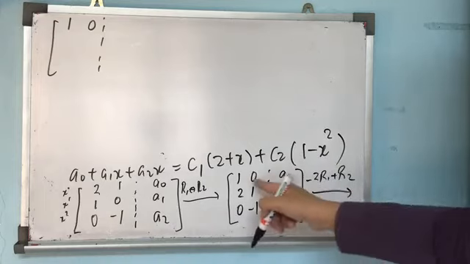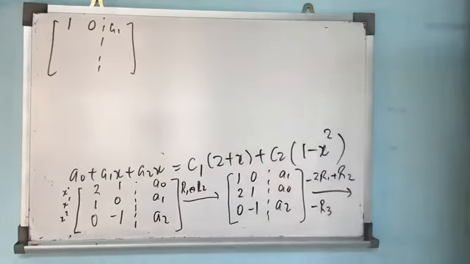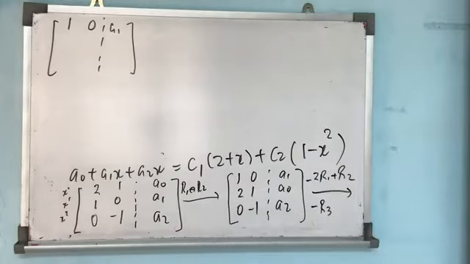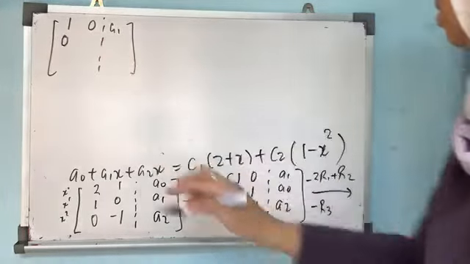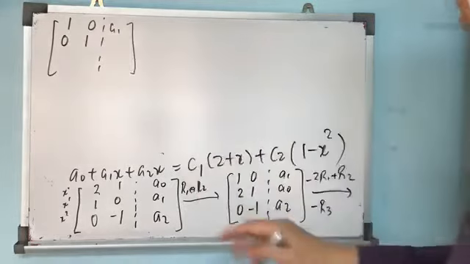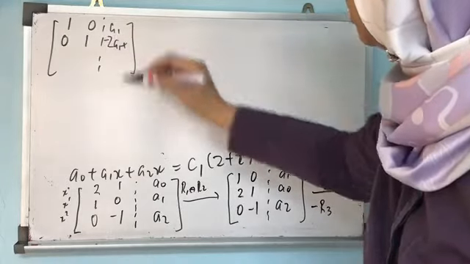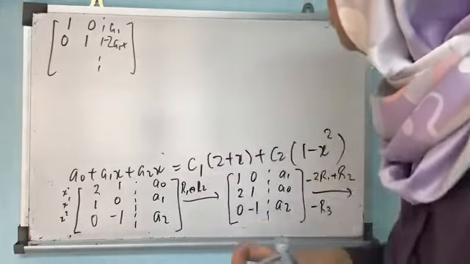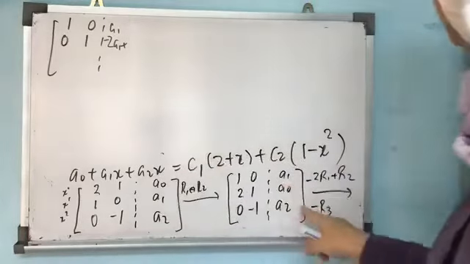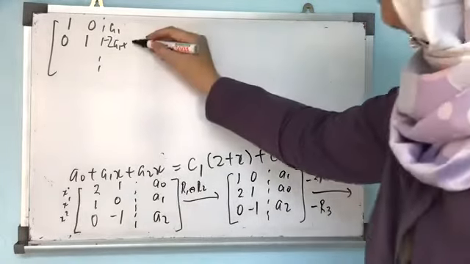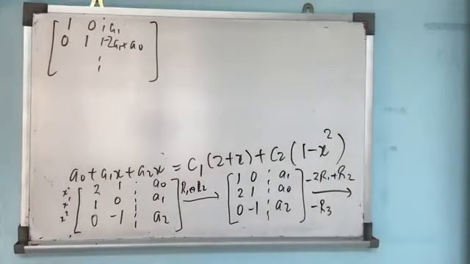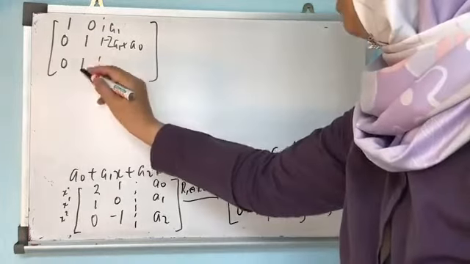Okay, so 1, 0, a1. 0, negative 2 and add. Be very careful with the third one, yeah? So negative 2 a1 plus a0. And then just 0, 1.